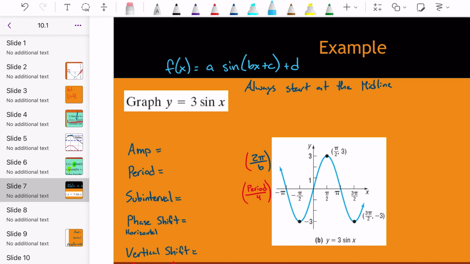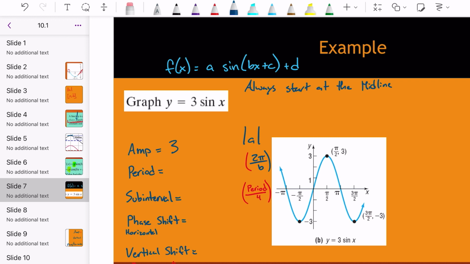Now, in this case, we're going to start with the easiest part, which is going to be the amplitude. Now, the amplitude, remember, is the absolute value of a, which in this case is going to be 3. Notice the 3 is in the a position, and we're looking at the absolute value of it.